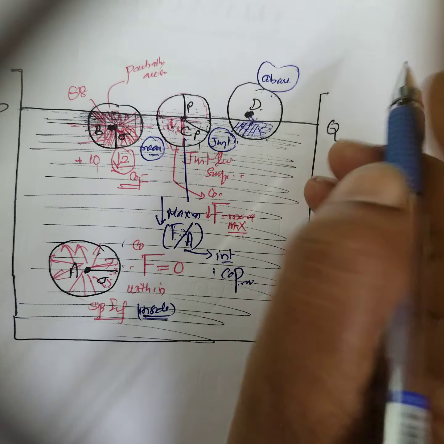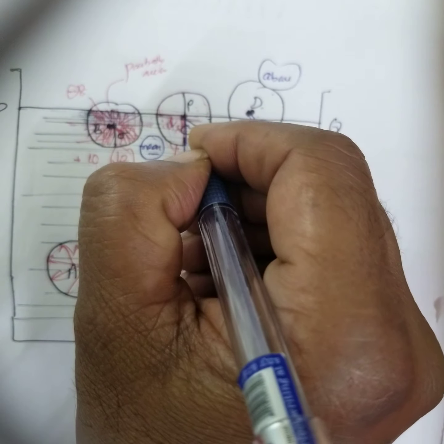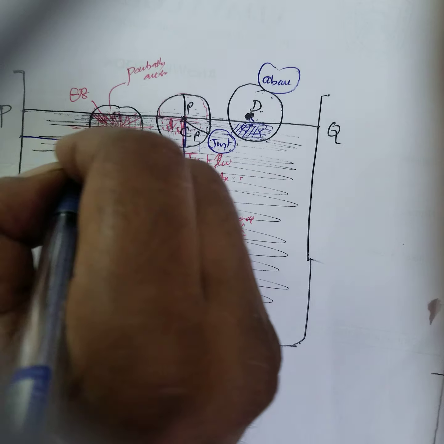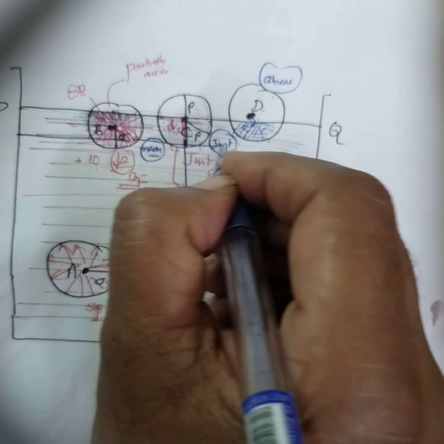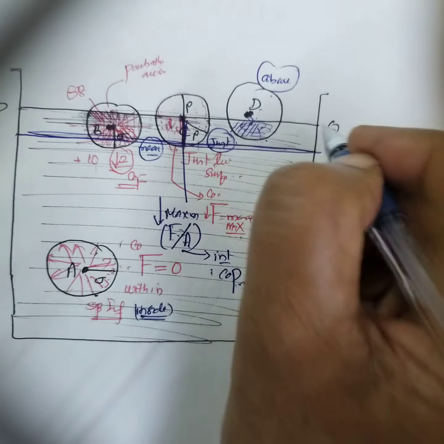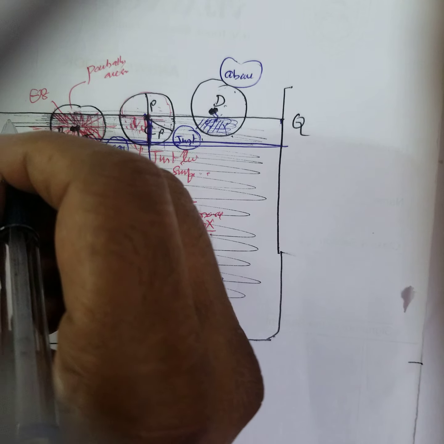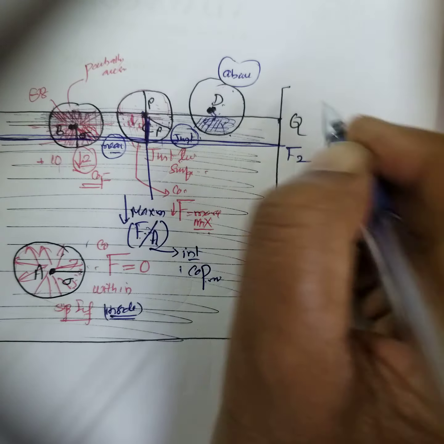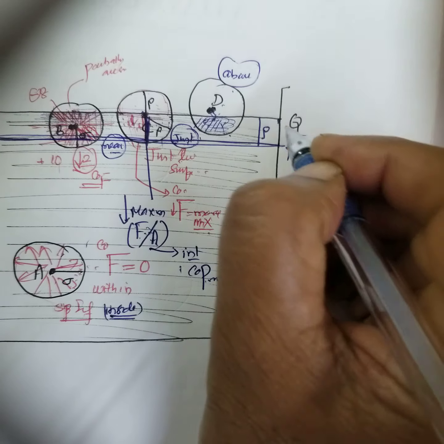Now, what I do is this. This is around 10 to the power of minus 9. I will draw a surface here. Look. I will draw a surface whose length is what? This is F1, F2, I write it. What is this distance?